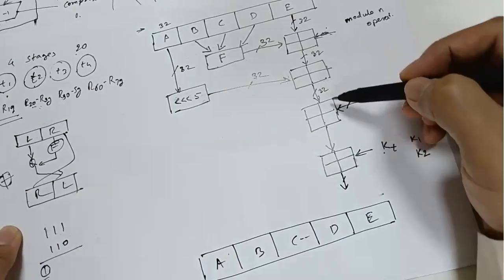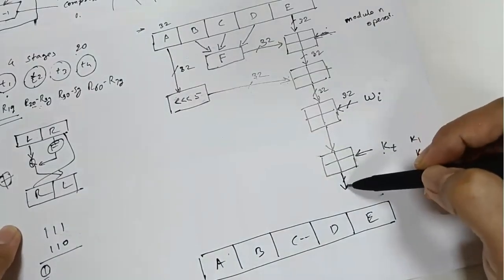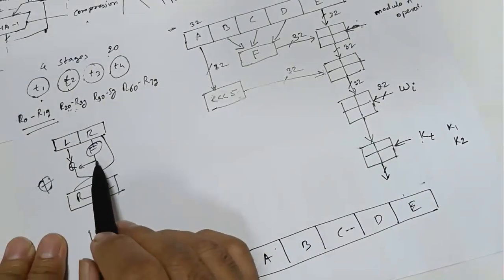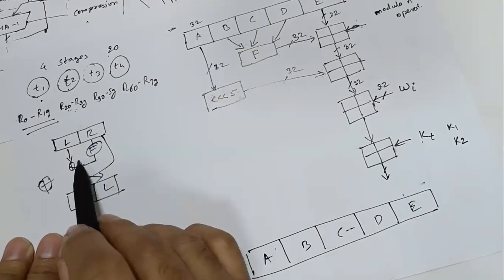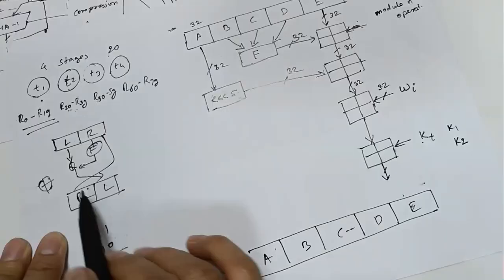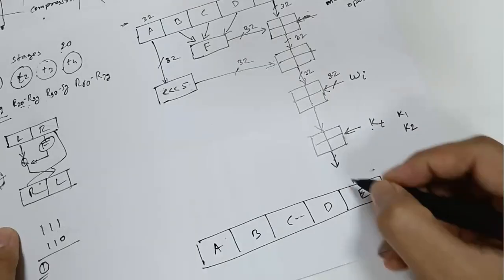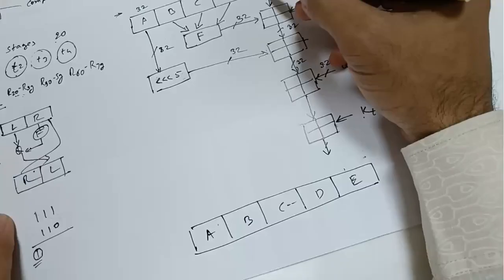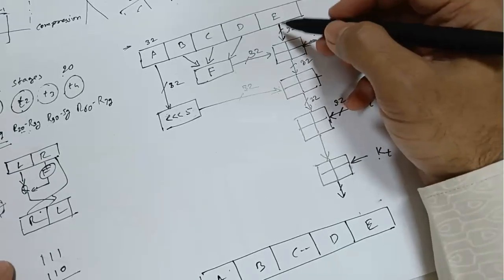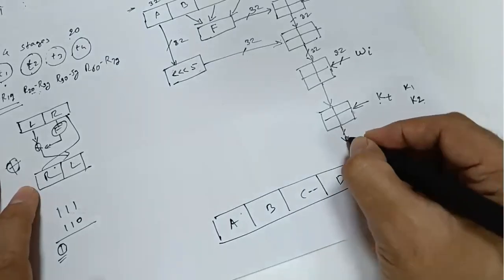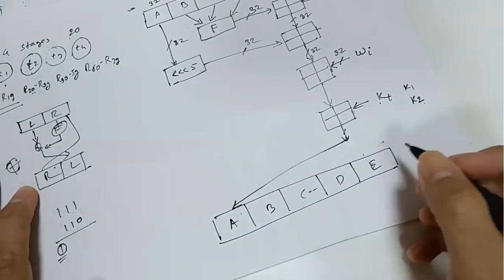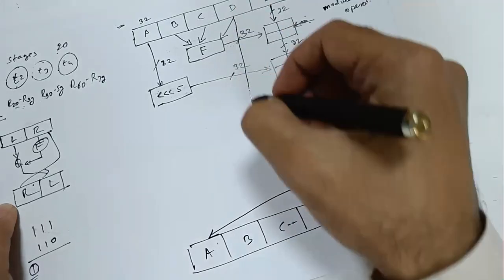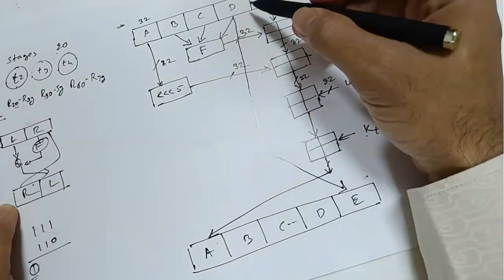The only thing is that you can't put this output at the same location. If you remember, in each round we are swapping these things. If you copy this as it is at this location, then in the next round, because this round is getting repeated, only this part will be getting encrypted. So instead, you are going to shift this E to this location. Then D you are shifting to this location.